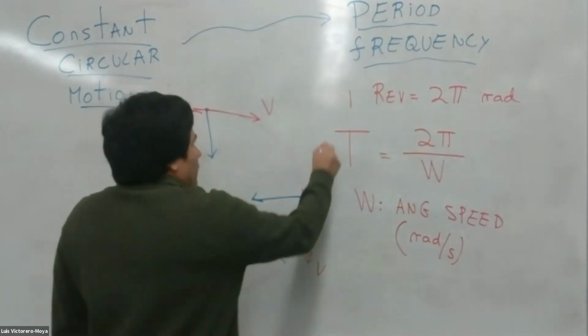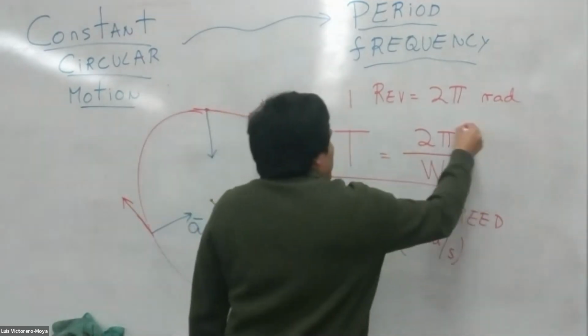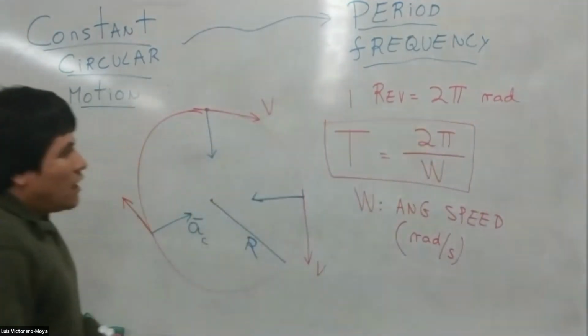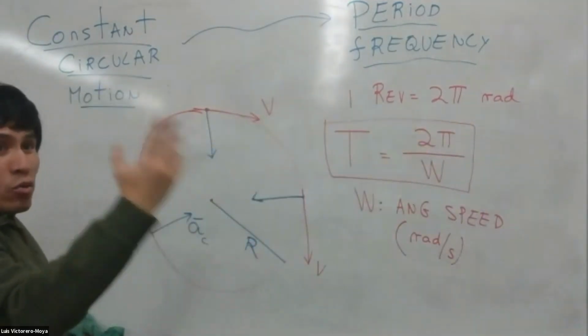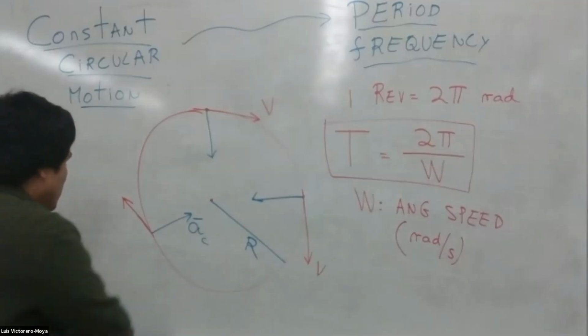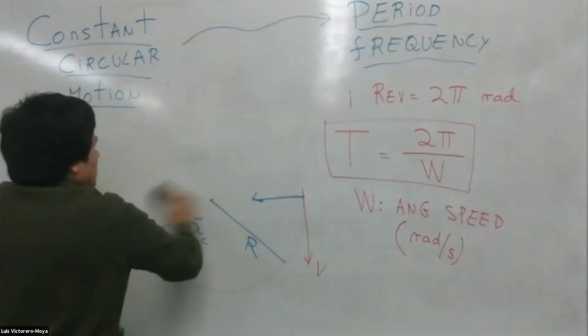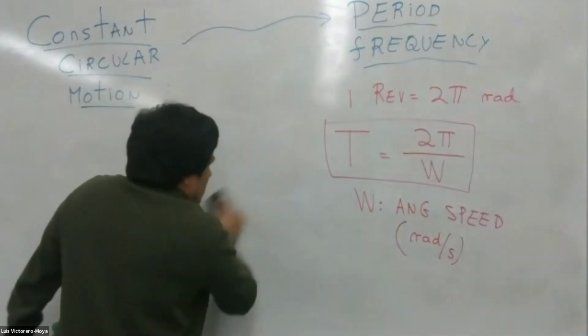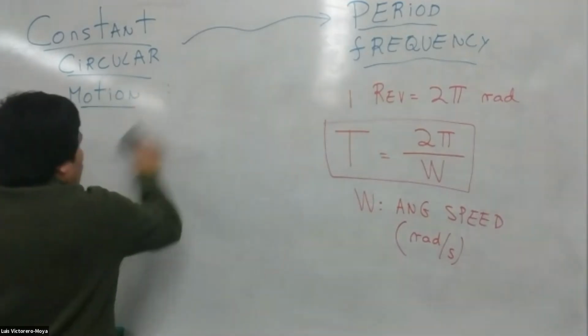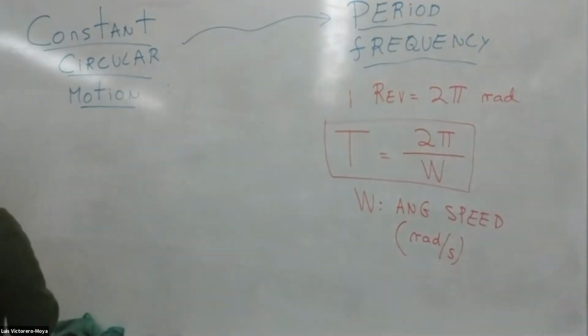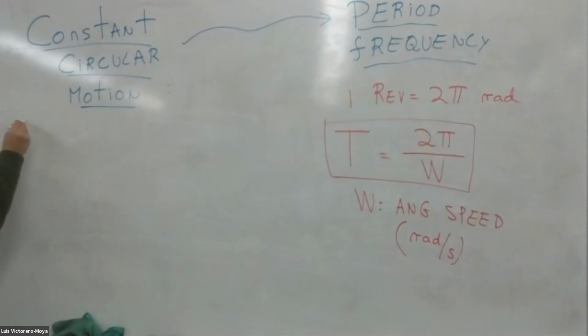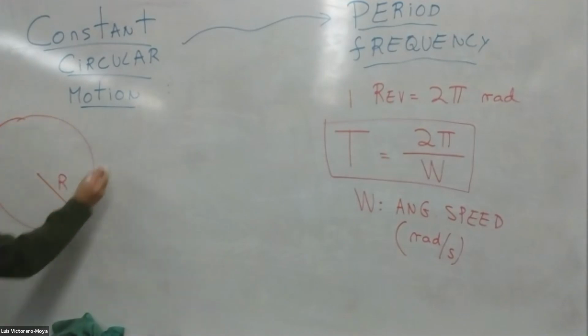All right. Now, let's find the analogy between circular and straight lines. What is a circumference? If we're given a circle, every circle has a given circumference.